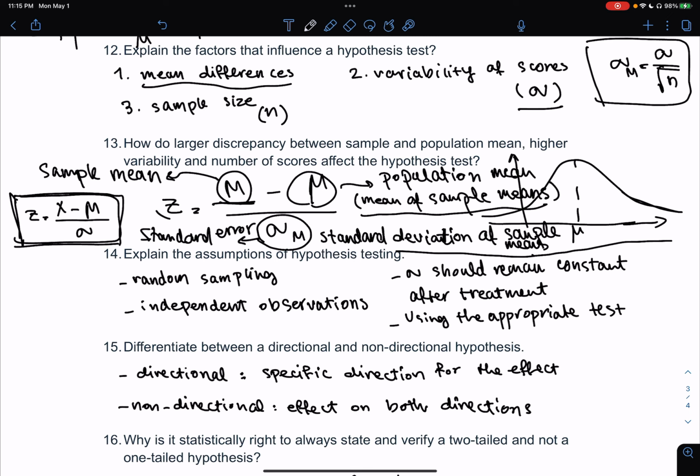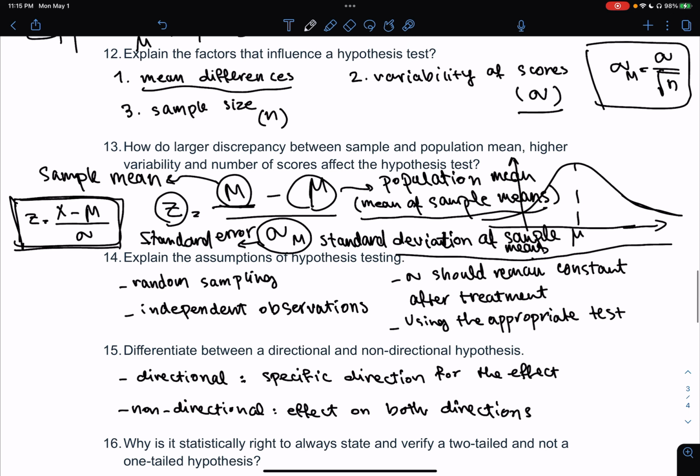And then, to find the z-score, we can see there are three different factors. One of them is the mean difference, which is the M minus mu that we can see here too. And then the variability of the scores, which affects the standard error.